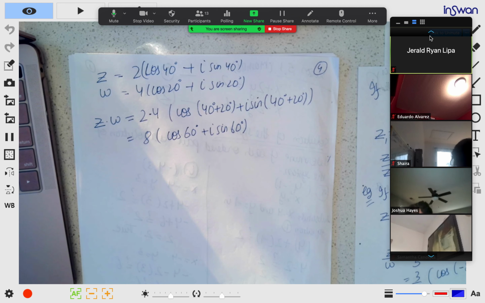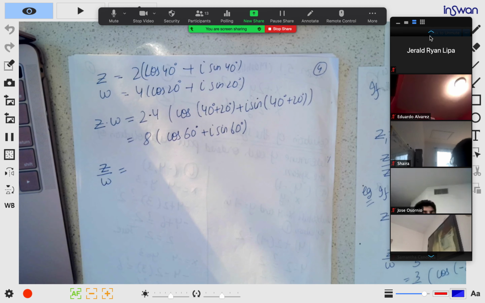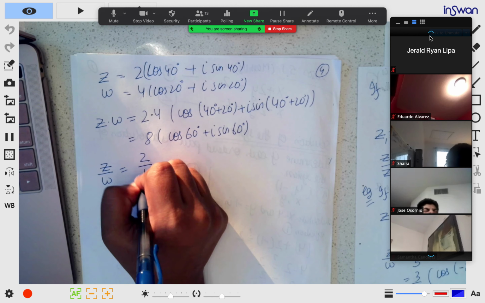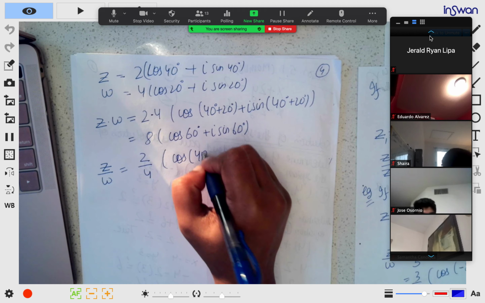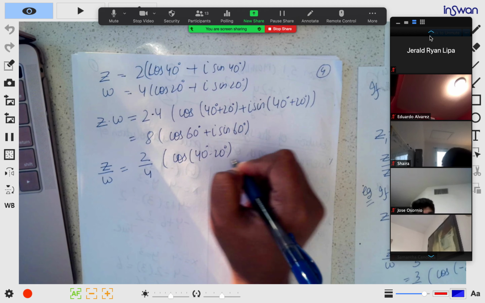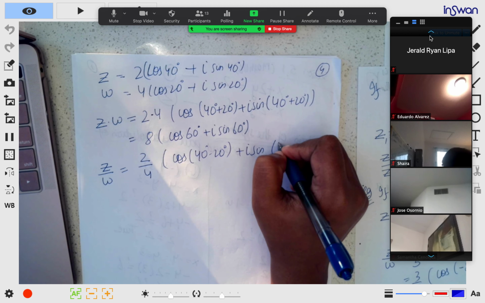Joshua? Okay, what about z over w? Divide them. z over w would be 2 over 4, cos 40 minus 20, plus i sine 40 minus 20.